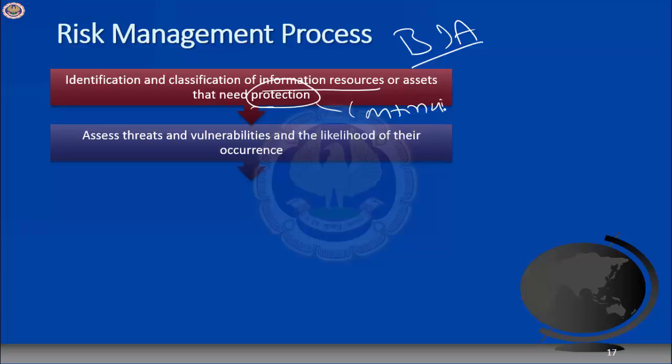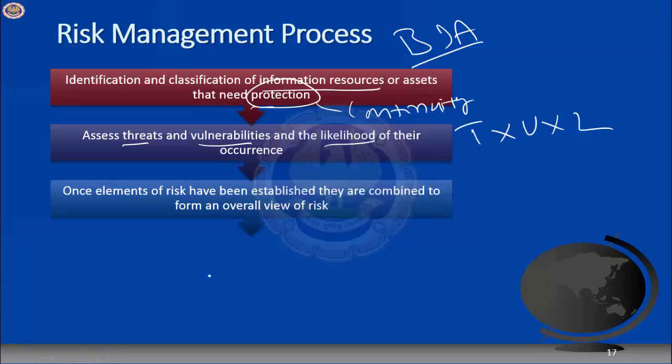The same concept of risk management could be done from a different perspective when you do BCP. Assess the threats and vulnerabilities and the likelihood of their impact. Now, these are 3 things you should remember: threats, vulnerabilities, and the likelihood. Once you identify the elements of risk, you need to combine them to get an overall view of the risk.